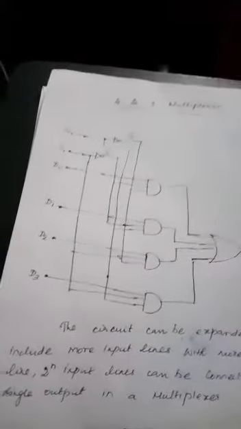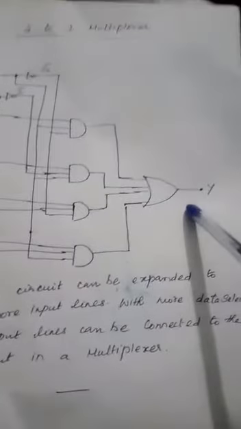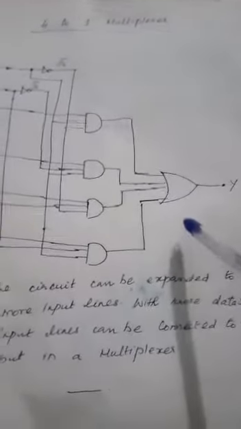So from this we have drawn the 4 input to 1 output multiplexer. See, here we are having 2 inverters, and 4 AND gates which are 3-input AND gates, and 1 OR gate using 4 inputs. Okay, so by using this we have drawn the multiplexer.